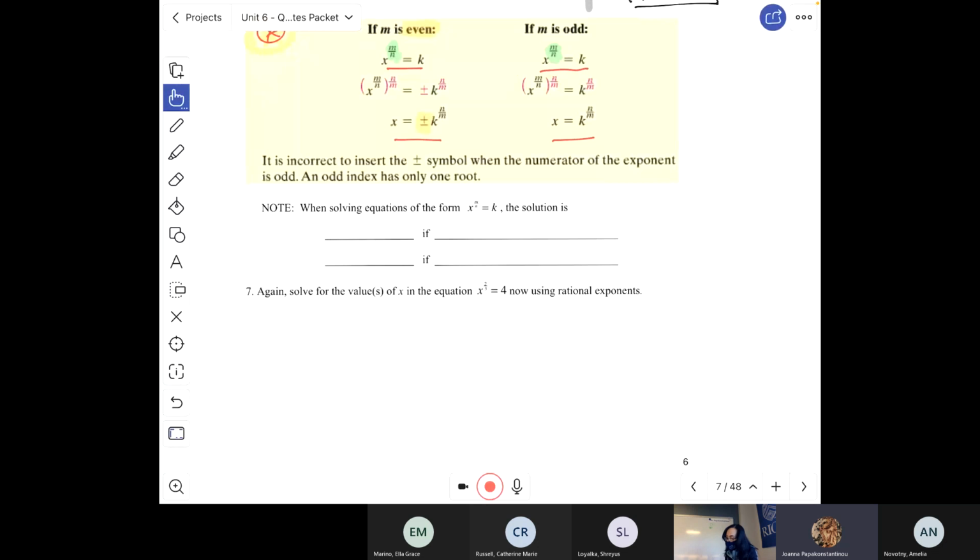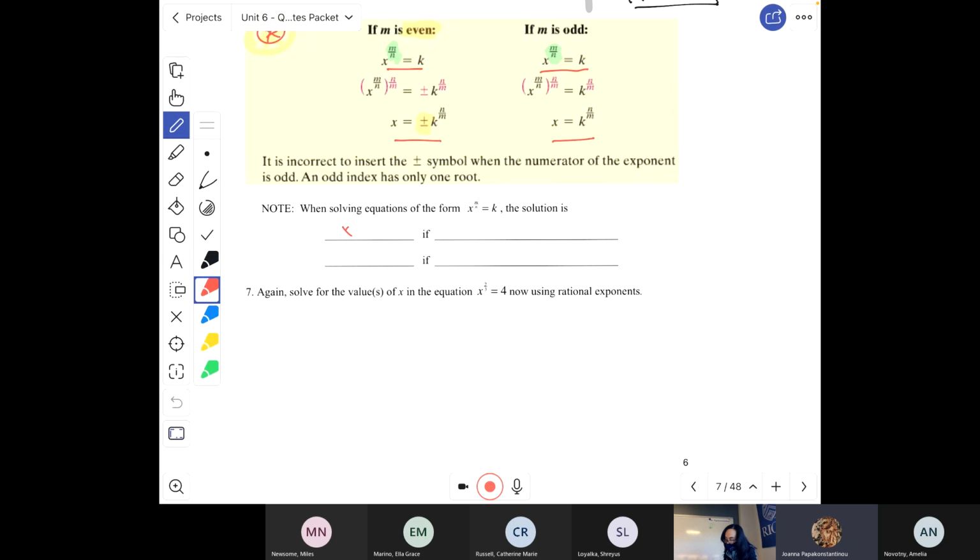When solving an equation of this form, the solution is x equals plus or minus k to the reciprocal of that, n over m, if m is even. However, x equals just the positive if m is odd.